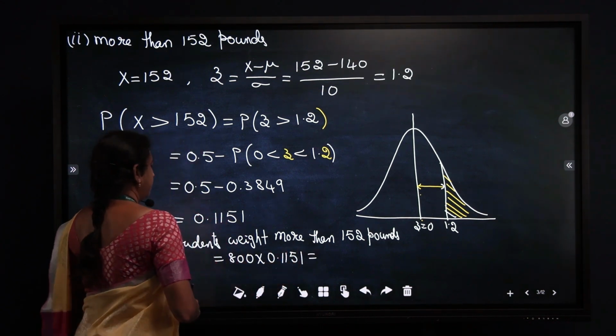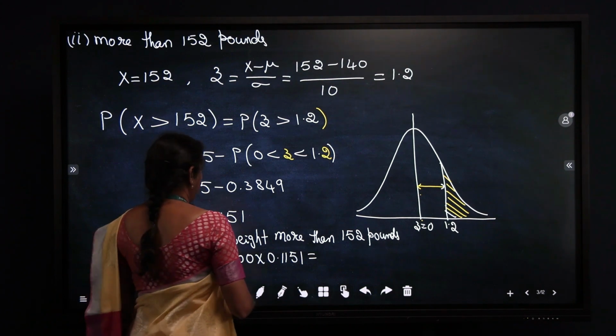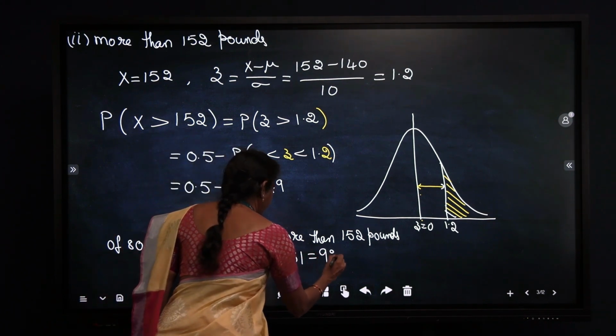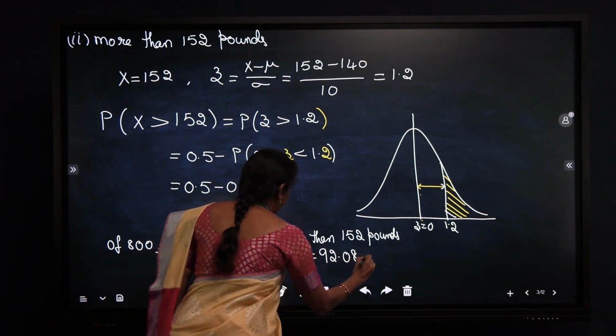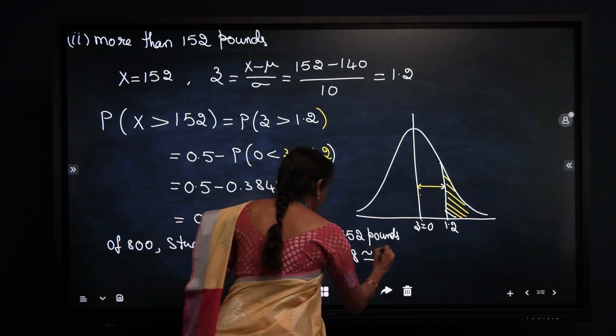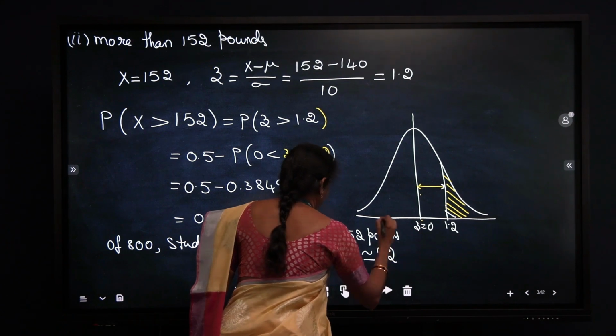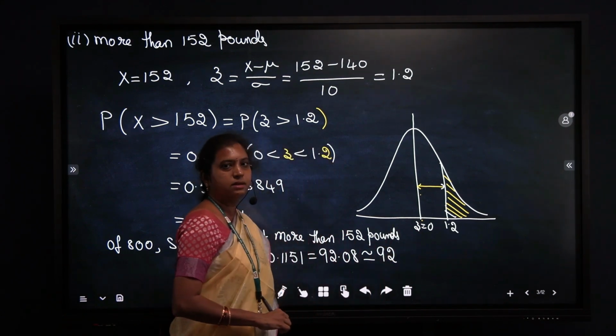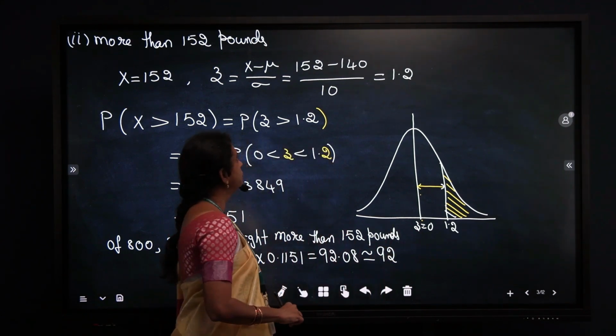On multiplying 800 by 0.1151, we have the value as 92.08. And like I've told you, since we are talking about humans, we'll take the approximate value as 92. So 92 students' weight is more than 152 pounds.